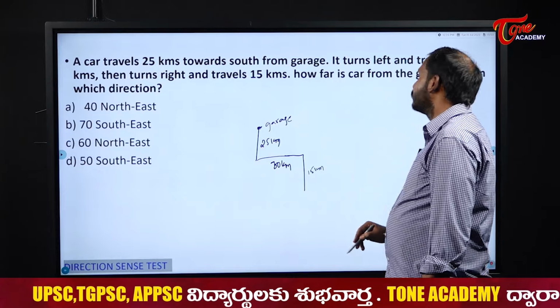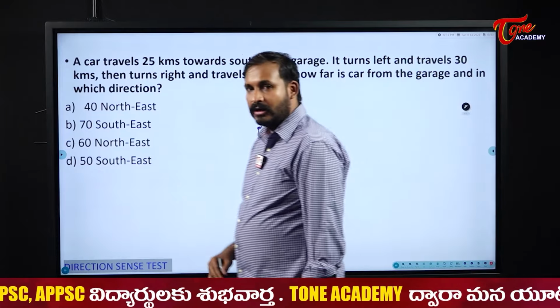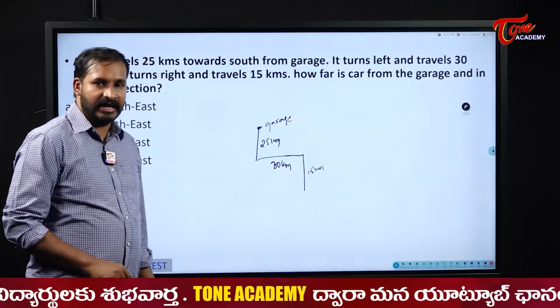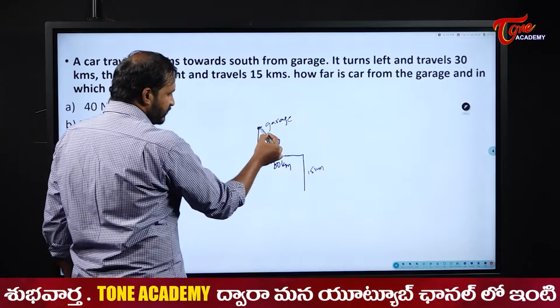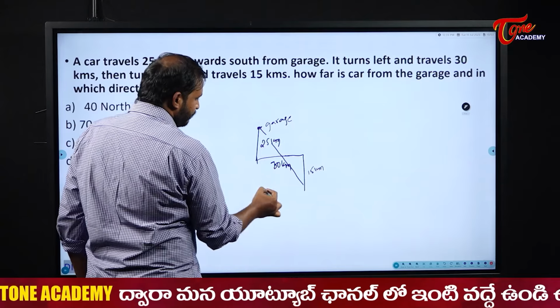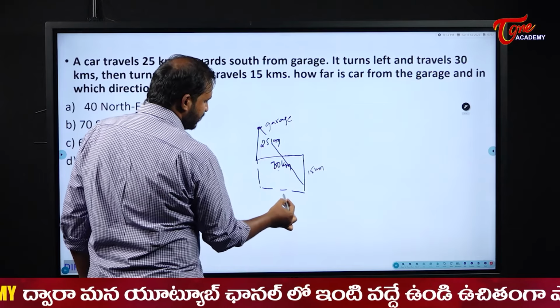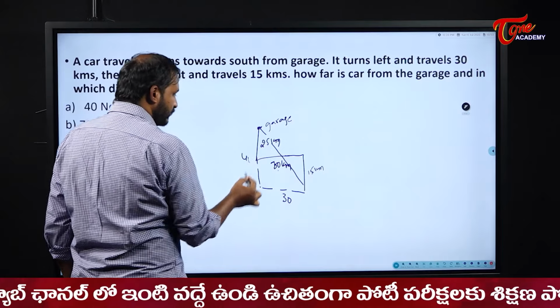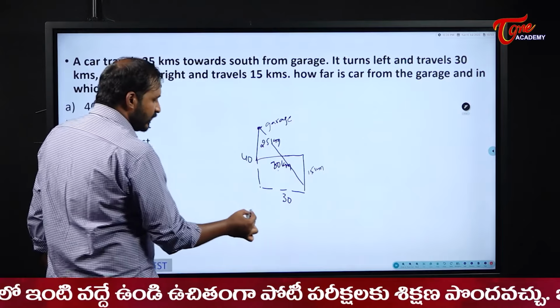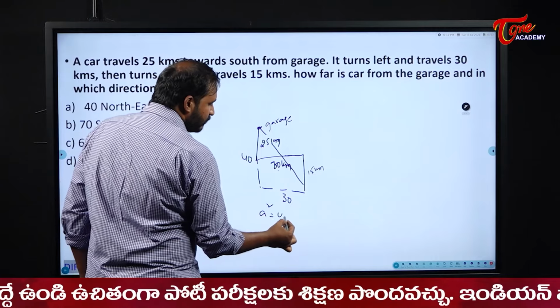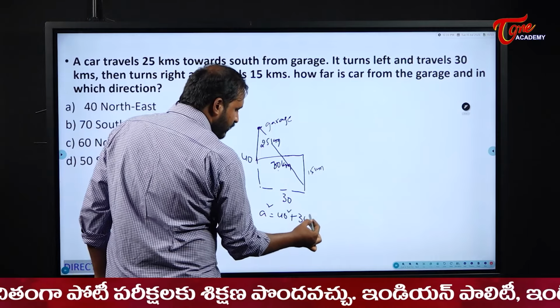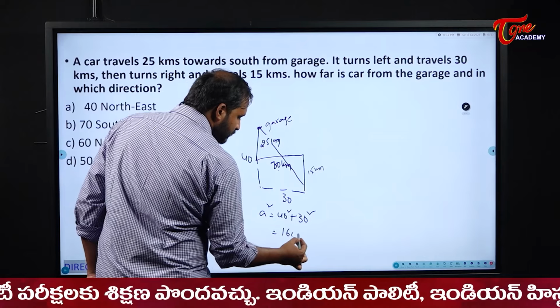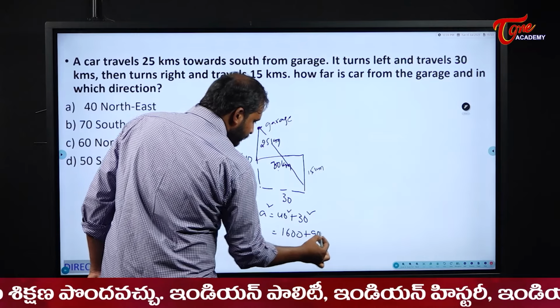How far is the car from the garage and in which direction? I need to find the distance and the direction here. Distance means the shortest distance. This is 30, right? And this one becomes overall 25 plus 15, which is 40. So a square is equal to 40 square plus 30 square. 40 square is 1600. 30 square is 900.